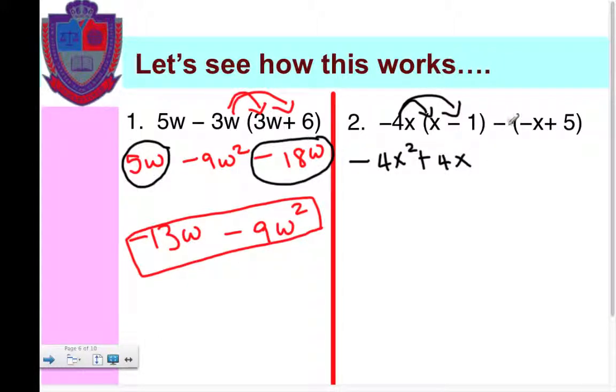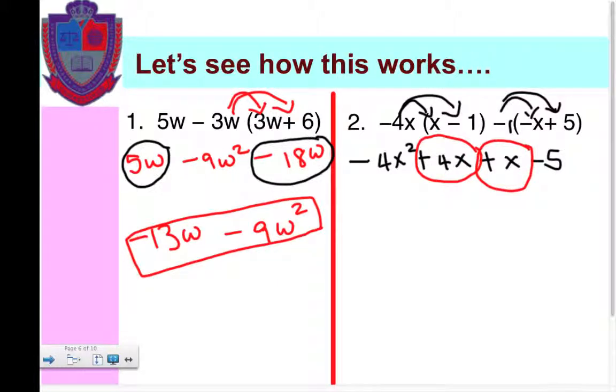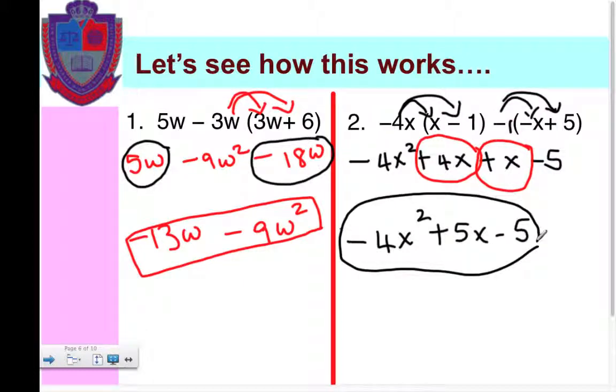Remember that invisible one right there, so we can distribute negative plus x minus 5. My like terms again are positive 4x and a positive x. So 4x plus x, excellent, 5x plus 5x minus 5, bam, final answer.